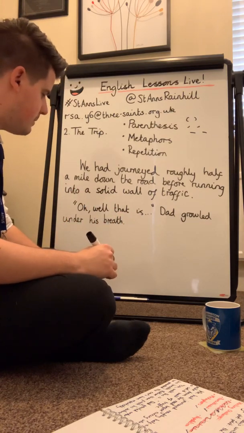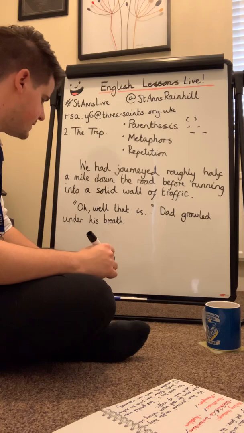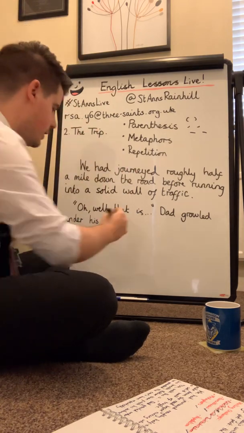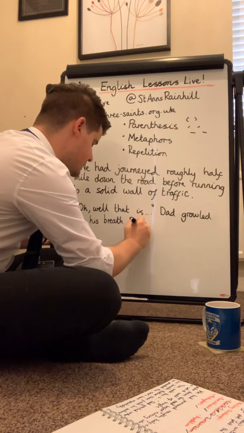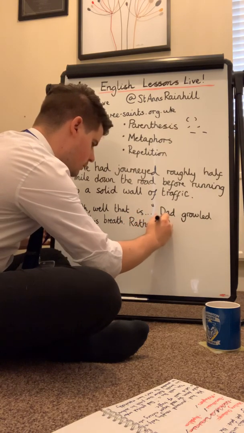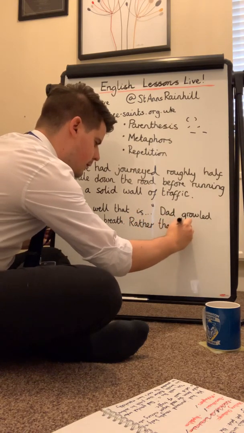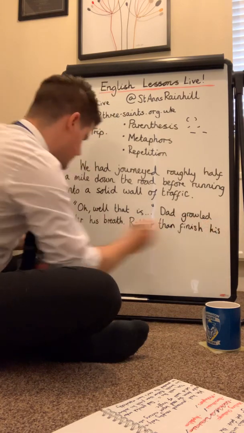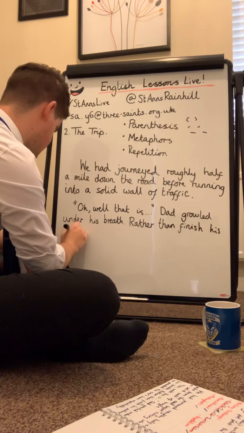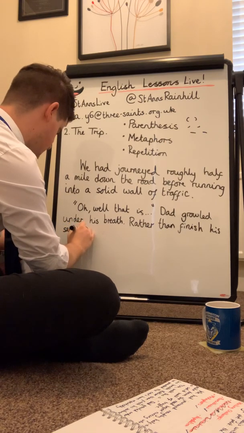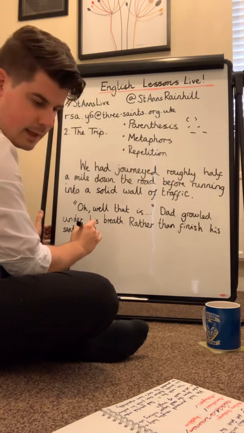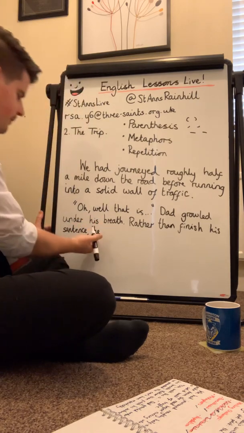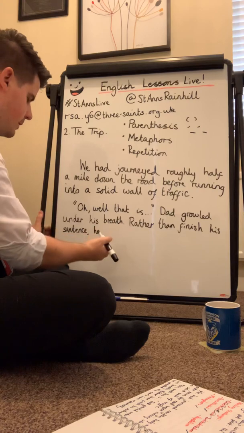And maybe I want to say what he does instead of finishing his sentence. Maybe he starts pummeling the horn. So rather than finish his sentence, comma, he pounded, and remember I use a pronoun there because we know we're talking about Dad.